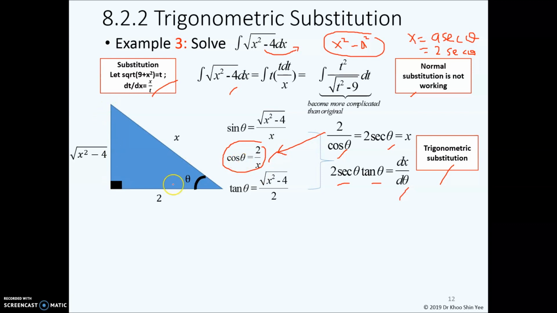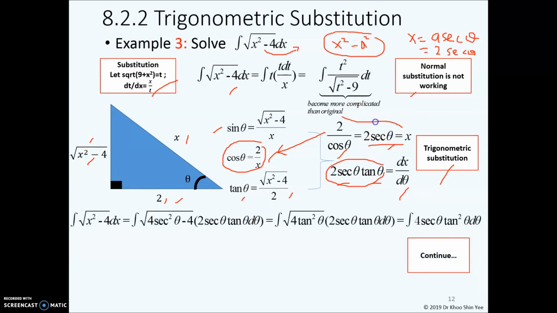So we can easily plot a triangle. So your cos angle is 2 over x. So 2 over x is here. You get the cos angle. Therefore, you take this distance divided by the x here, you get the sine. Tangent is taking this distance divided by 2.